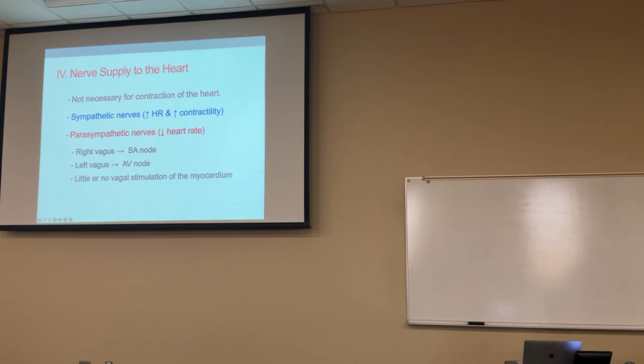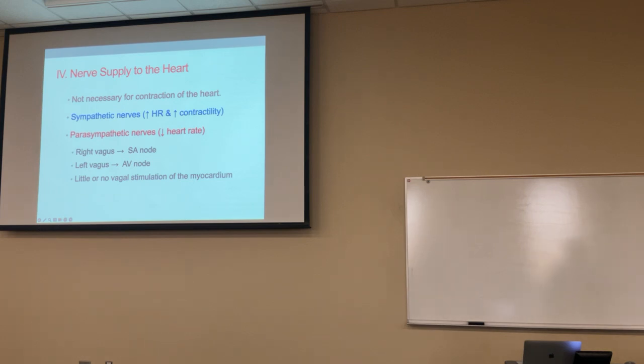The reason for that is probably because there's sort of an inverse relationship between heart rate and stroke volume, which is the amount of blood that's pumped by the heart with each beat. The faster the heart beats, the less time the ventricles have to fill with blood. And as we'll learn a little bit later, there's a direct relationship between the amount of blood that fills the ventricles and the amount of blood that's pumped with each cycle.